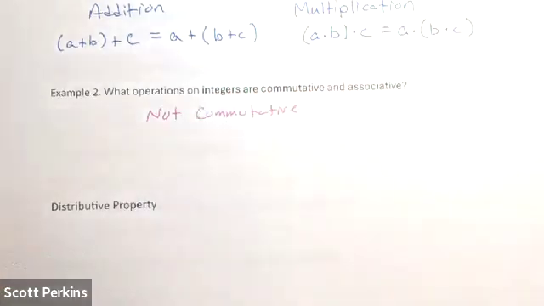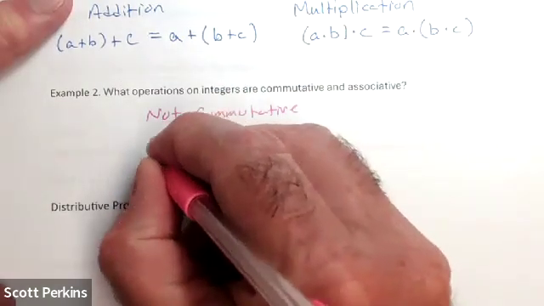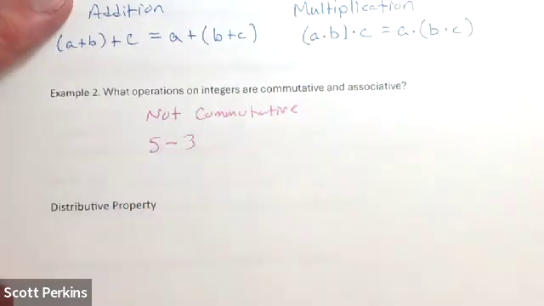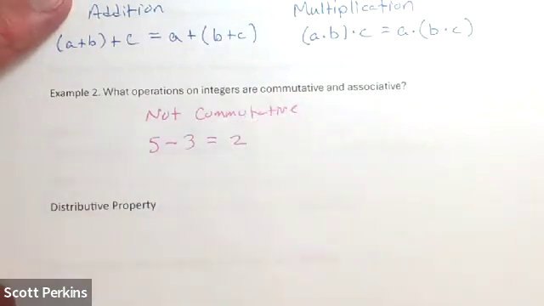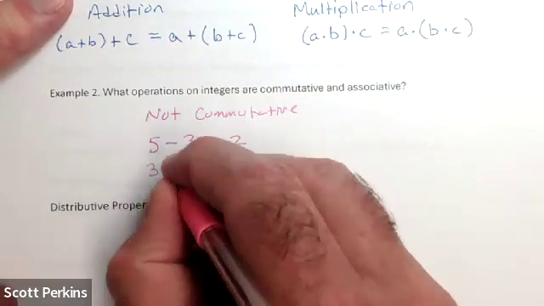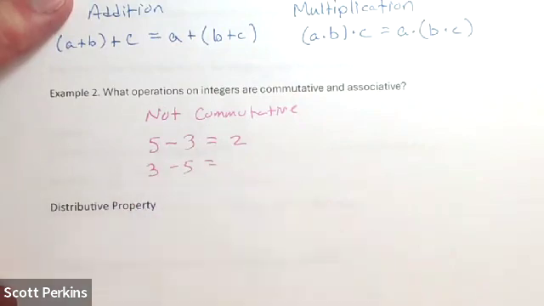Well, let's think about subtraction. Let's say I have 5 minus 3. What is 5 minus 3? Your calculator will tell you that's 2. Let's reverse it. What is 3 minus 5? 3 minus 5 is negative 2. Subtraction is not commutative.